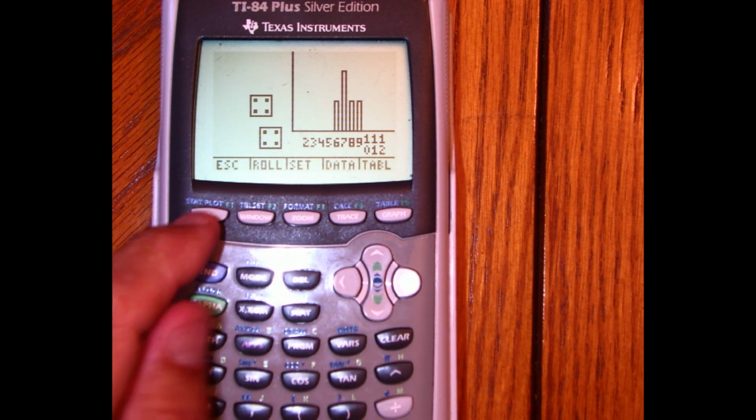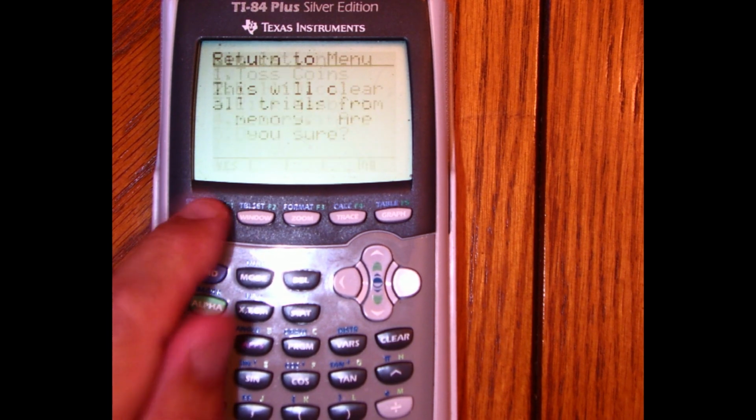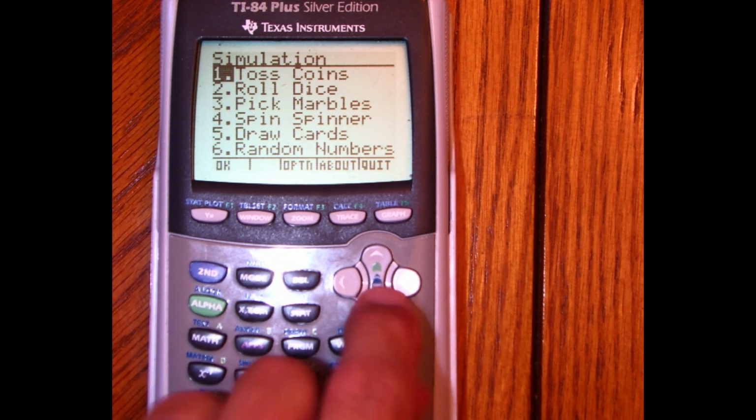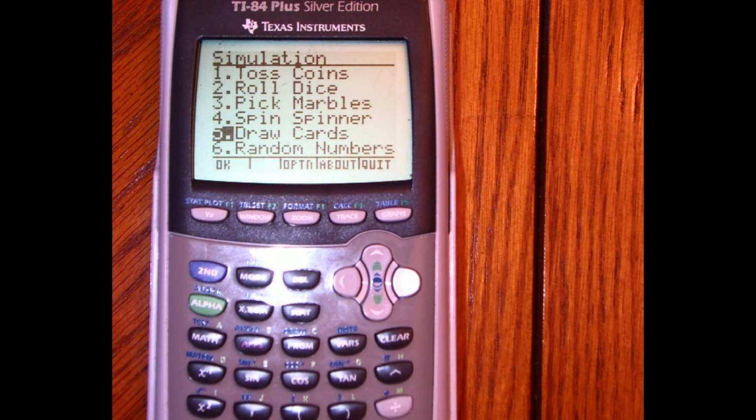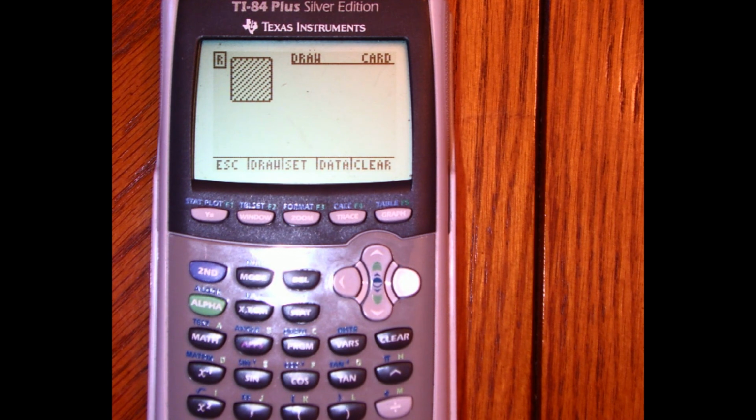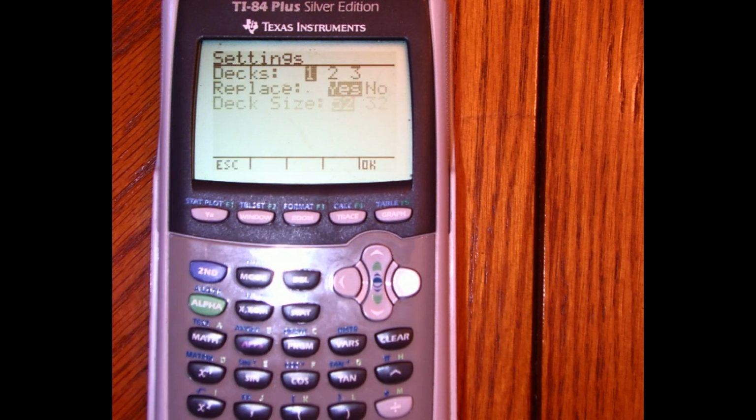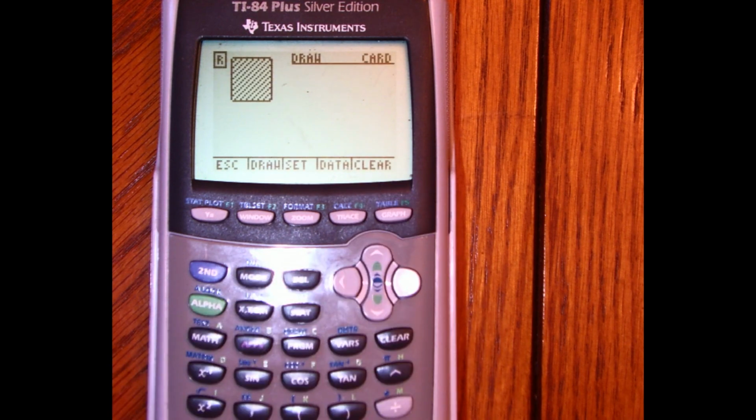Let's see if there's one more we can do in here. Alright, we're drawing a card. We'll go down to draw a card, and we're going to set the deck so that we're going to do it with replacement. So we're going to draw 1 card at a time, and we want to know on average how many times it will take us to get an ace.